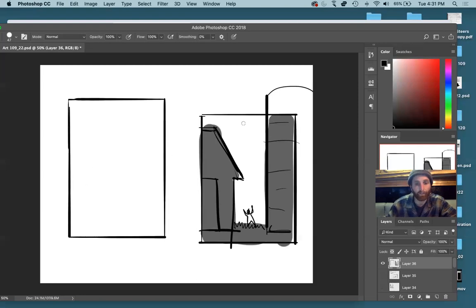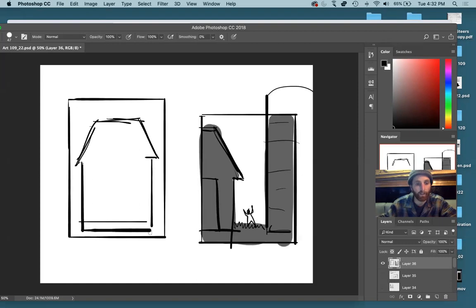Let's just see. I find lots of times when I do a really big focal point, I will kind of use that symmetrical composition. So this one may get really close to that edge there. Maybe it goes outside of the edge.